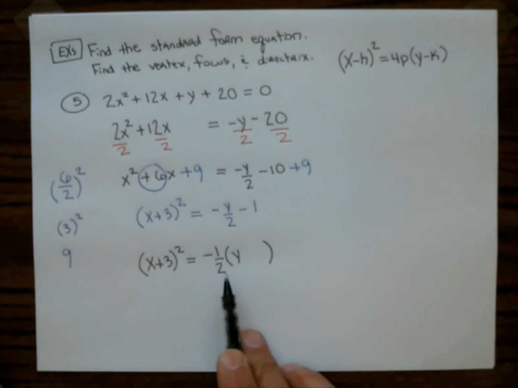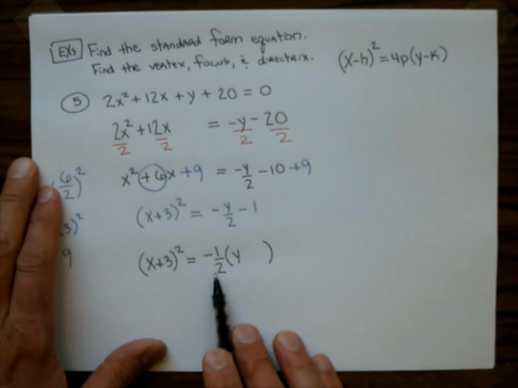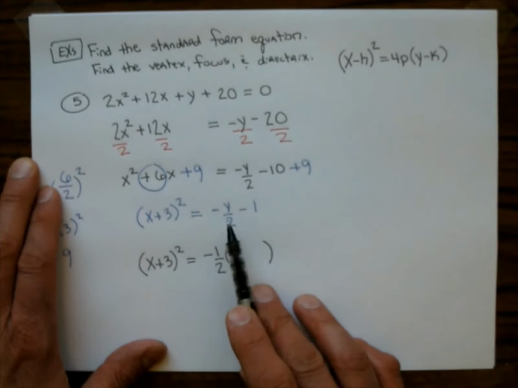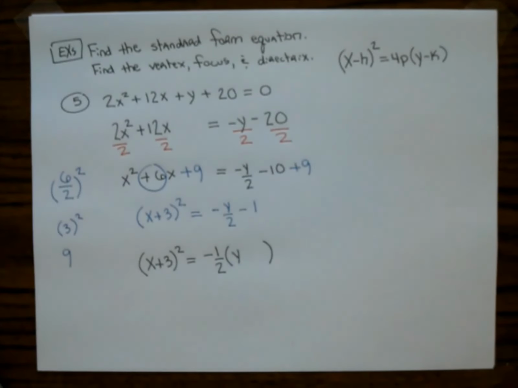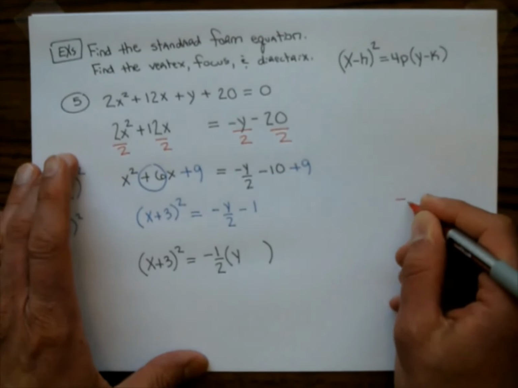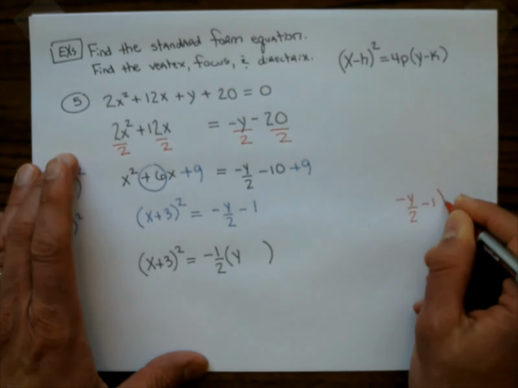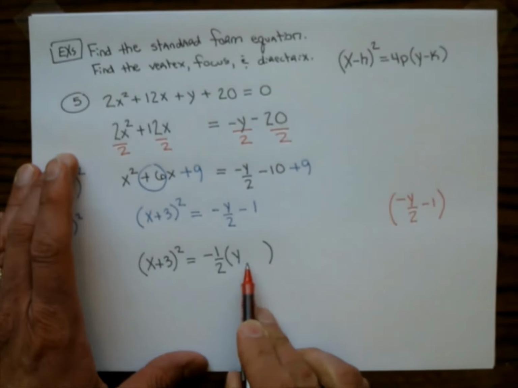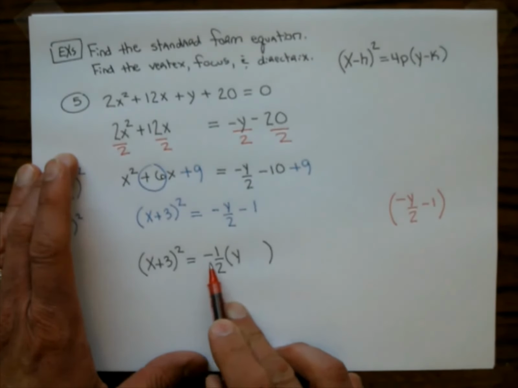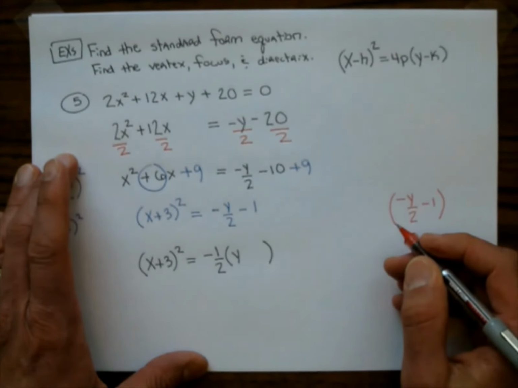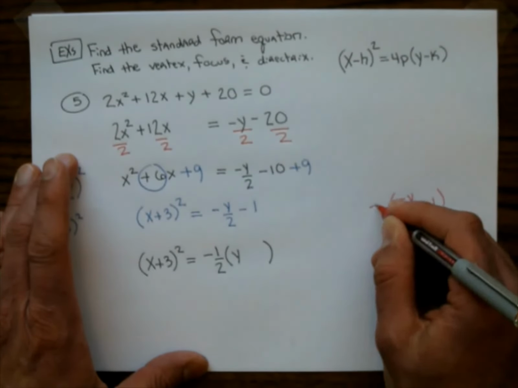Now, when I'm factoring out a negative 1/2, that could be difficult for some people in here. Factoring out a negative 1/2 is like multiplying everything here by the reciprocal to see what we get. So I've got this negative y over 2 minus 1. Off to the side, to see what goes in here, the reciprocal of this is flipping that fraction, so it's actually a negative 2.